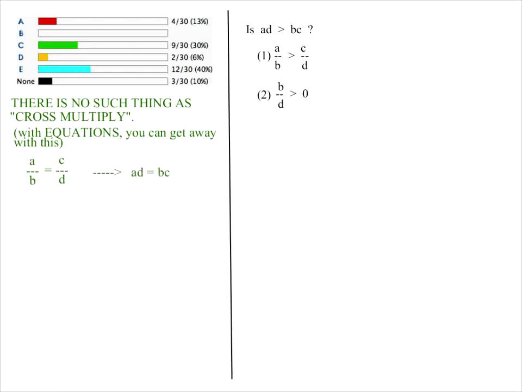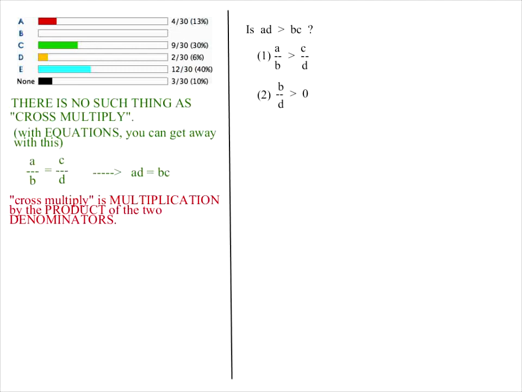Does anybody know how this really works? Okay, I noticed one person actually put it in the text box already. What cross-multiply really is, is multiplication by the product of the 2 denominators. That's what you're really doing.